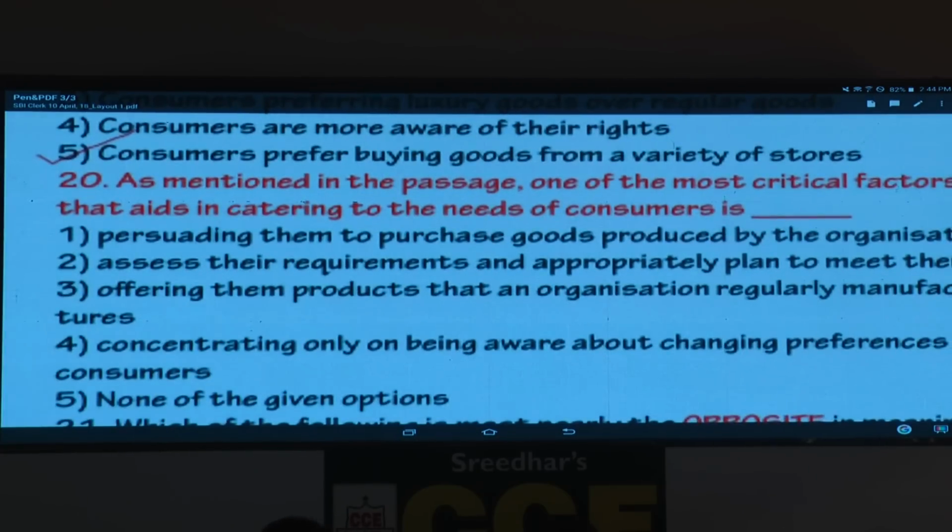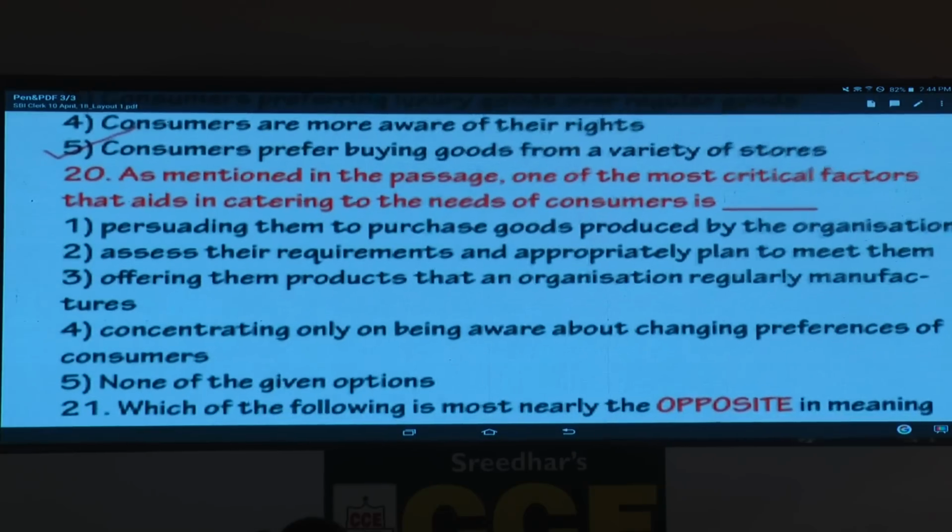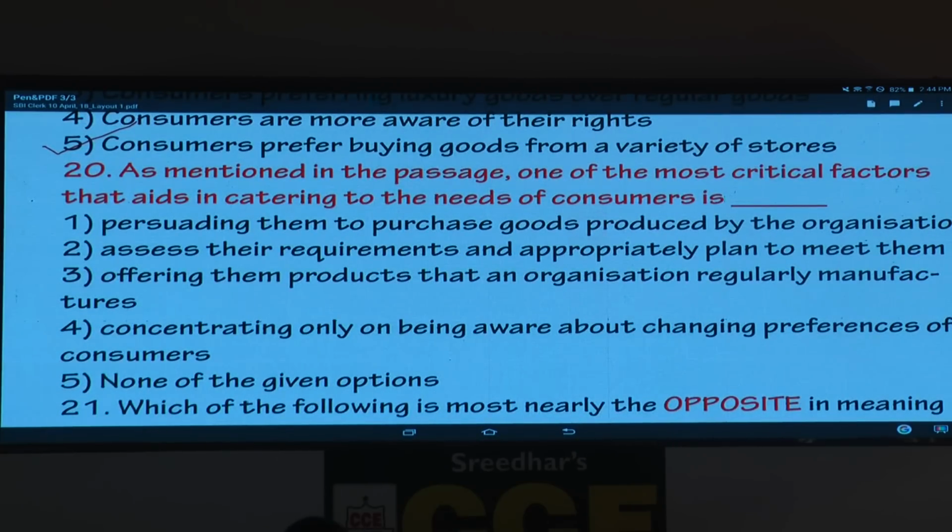As mentioned in the passage, one of the most critical factors that aids in catering to the needs of consumers is: persuading them to purchase goods produced by the organization, assess their requirements and appropriately plan to meet them, offering them products that an organization regularly manufactures, concentrating only on being aware about changing preferences of consumers. So what do you think the answer is?